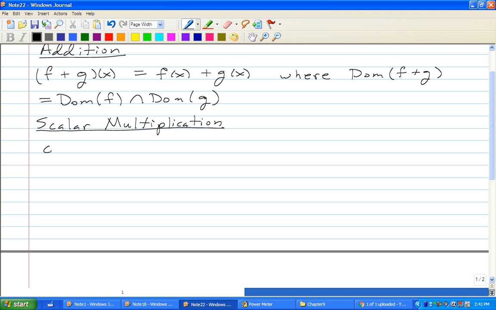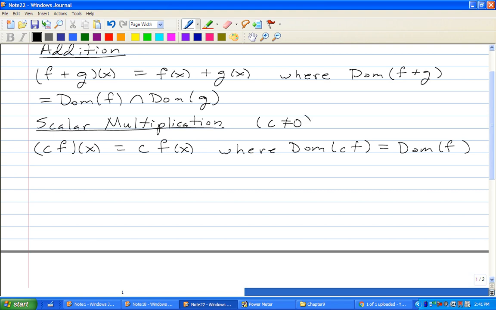Then let me define cf, where f is some function, by the following rule. cf evaluated at x is just the constant c times f of x. The domain of cf is the same as the domain of f. And let me assume here that c is not equal to 0.